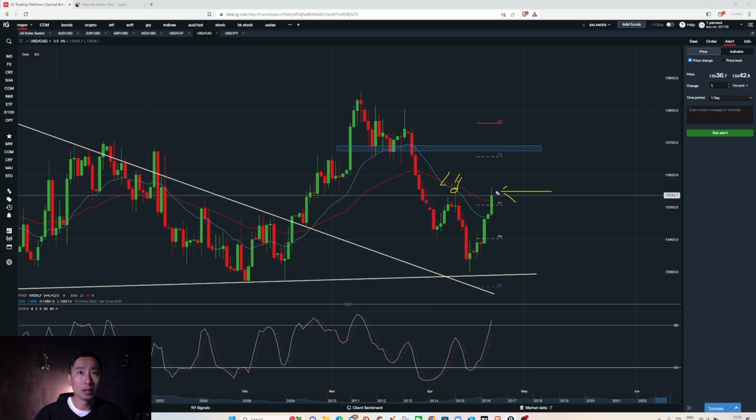So I may be aggressive around this area over the right shoulder and take a long on dollar against the Canadian dollar. I could do that, depending on the price action and how it's set up. But certainly, I'm not going to be a seller of dollar against the Canadian dollar anymore. So I would probably turn into a buyer, 13400.